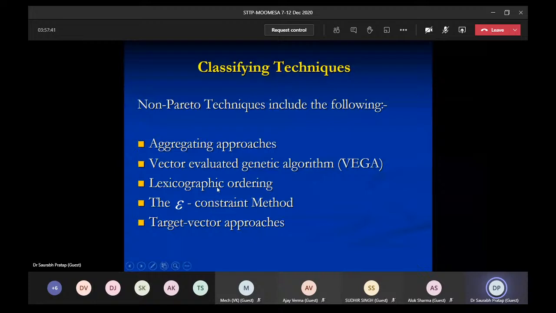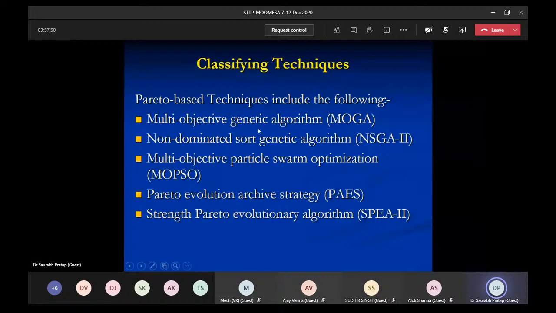I will show one case study of how we can use a non-Pareto technique. Then the Pareto techniques, which are basically nature-inspired, are multi-objective GA, NSGA-II, multi-objective PSO, Pareto evolution strategy, and strength Pareto evolution strategy.